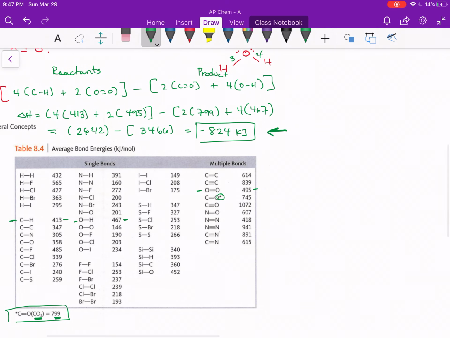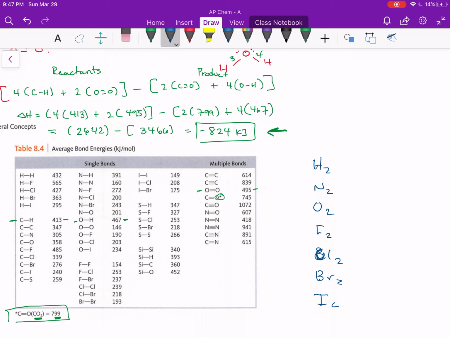Just a couple of things that will make your life easier to remember when you're drawing Lewis dot structures, especially for the diatomic elements: H2, N2, O2, F2, Cl2, Br2, and I2.